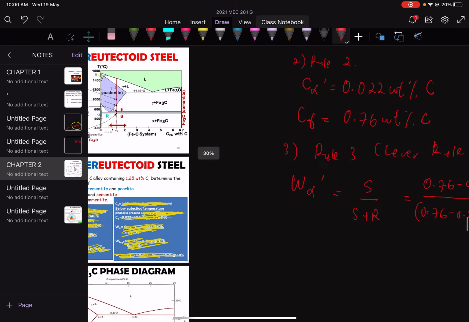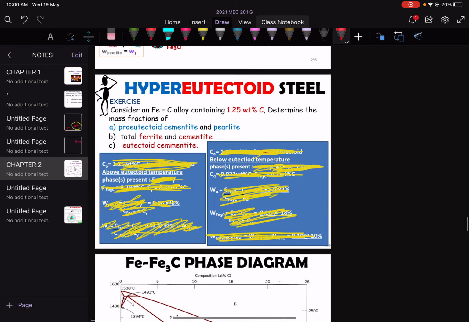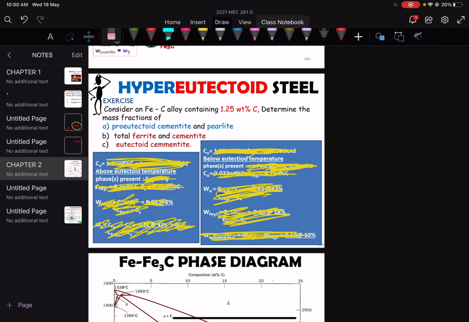Okay, so then you will get the weight fraction for alpha ferrite.